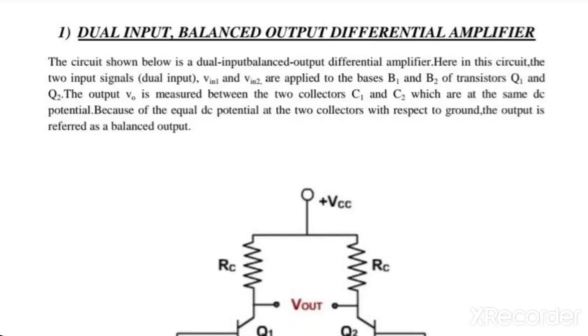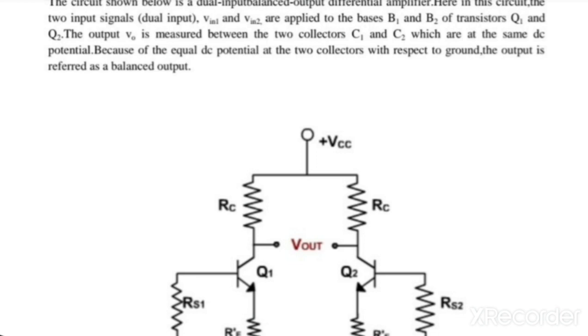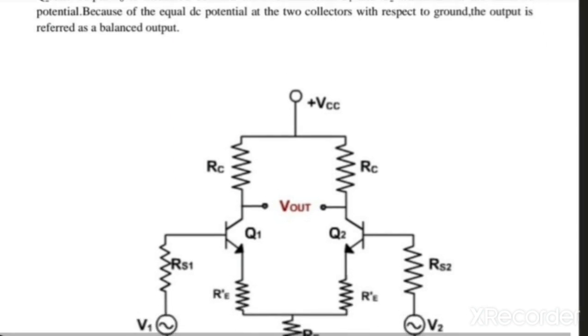In the dual input balanced output differential amplifier, two input signals V input 1 and V input 2 are applied to the bases B1 and B2 of transistors Q1 and Q2 respectively. The output VO is measured between the two collectors C1 and C2, which are at the same DC potential, and because of this equal DC potential at the collectors with respect to the ground, the output is referred to as a balanced output.